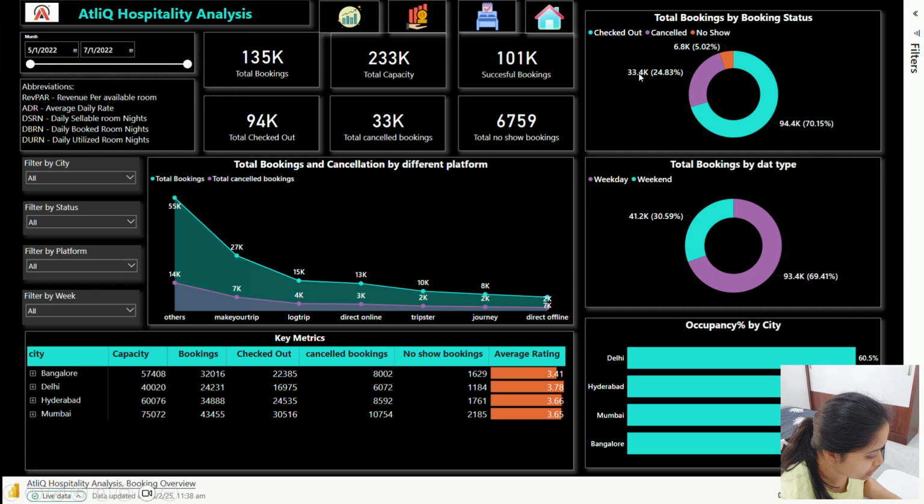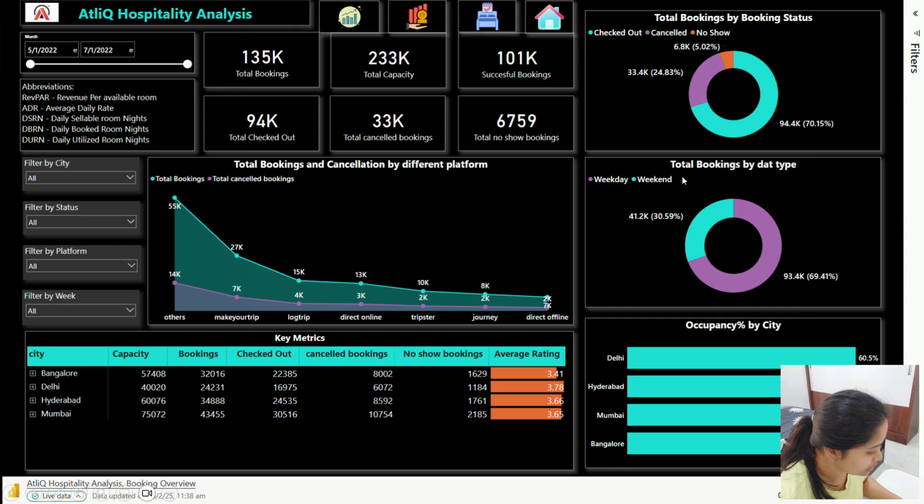And we have a donut chart here which shows total bookings by booking status. About 70% of bookings are materialized, about 25% are cancelled, and 5% are no show.